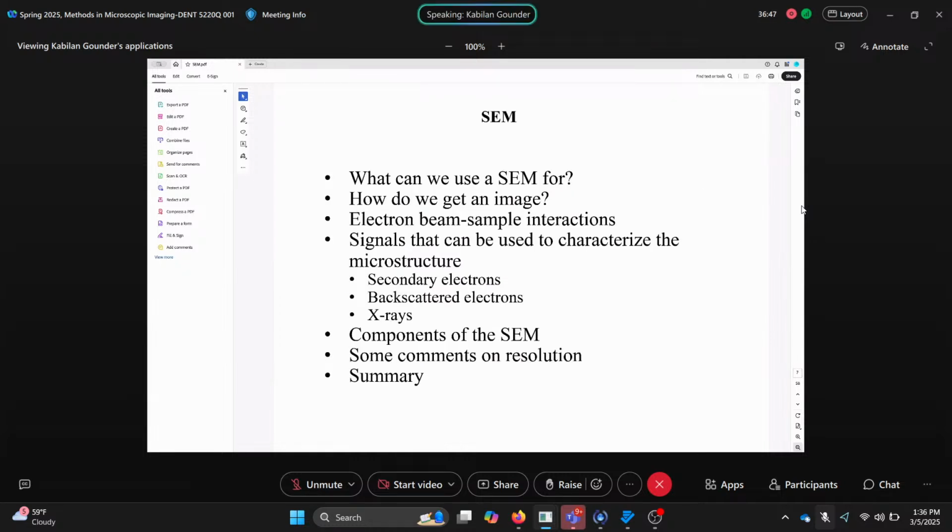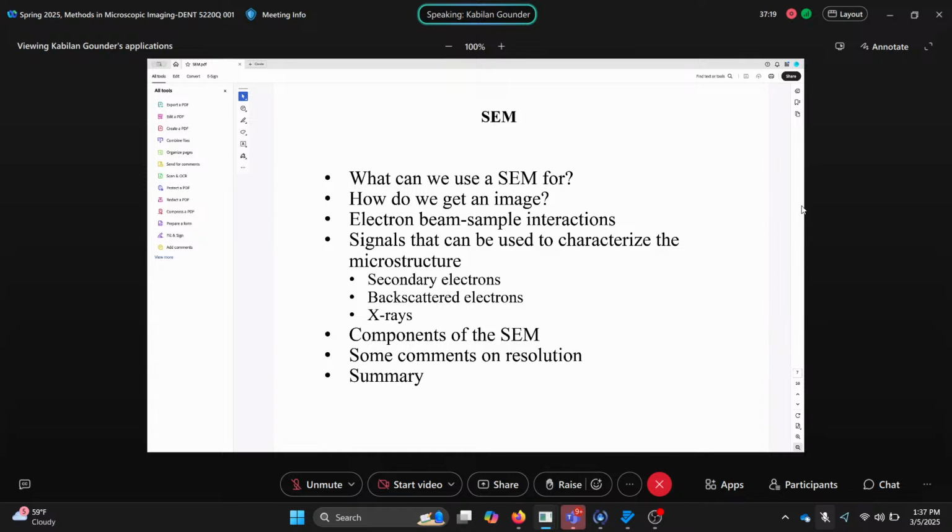So what is a scanning electron microscope? The scanning electron microscope is very, very important, because some images you cannot see otherwise since the structures are very, very small, so that it requires electron microscopy to easily visualize the evidence.